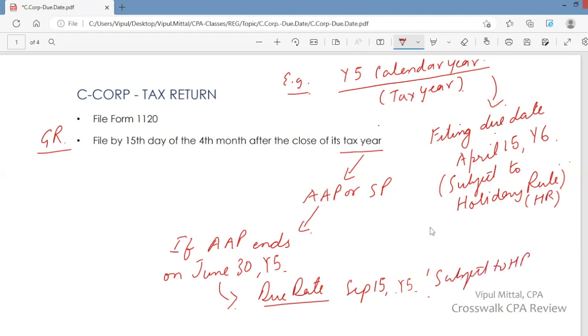The general rule is that a C corporation has to file the tax return by the 15th day of the fourth month after the close of the tax year.